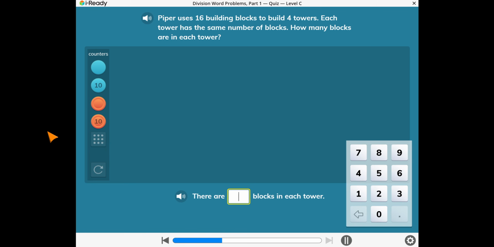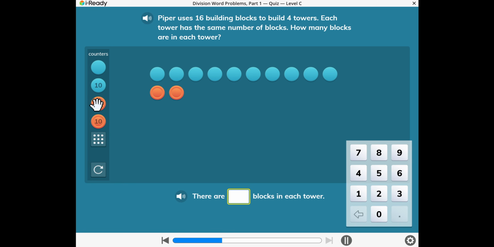If I did not know that, I would use the counters. How about we use the counters? So we'll just get 16. I do not like doing all that. If I get 1, 2, 3, 4, 5, 6, that's way faster. I think I should flip these over.